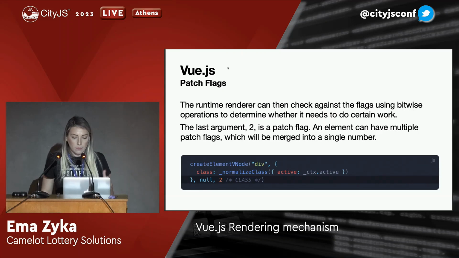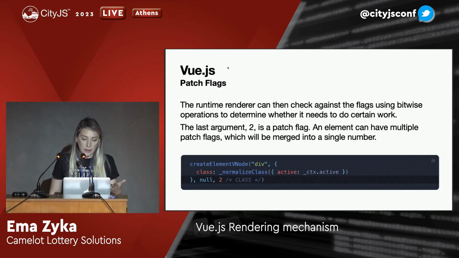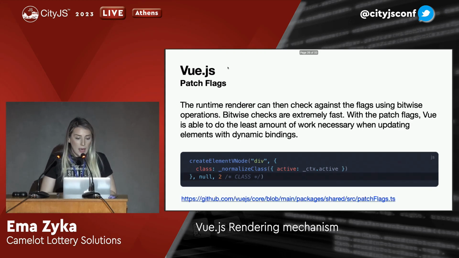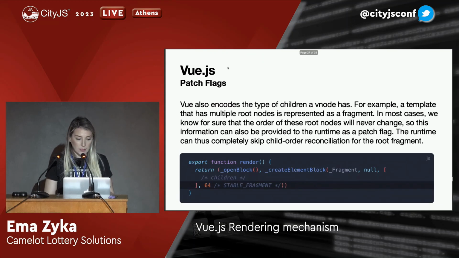These numbers work through bitwise operations in order to determine what kind of change is going to happen. And they can be combined: if there are many changes, there will be many combinations of numbers. This is a very performant way of Vue assuming what kind of change it's going to do, and whether it's going to actually diff the element, not just track the dependencies.